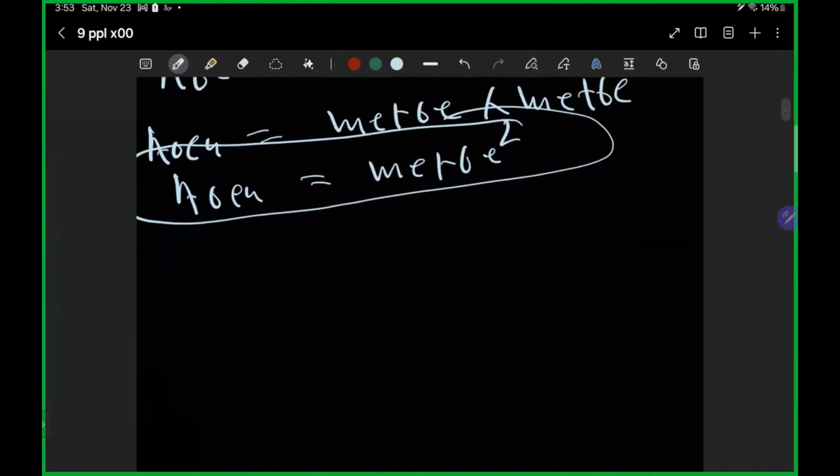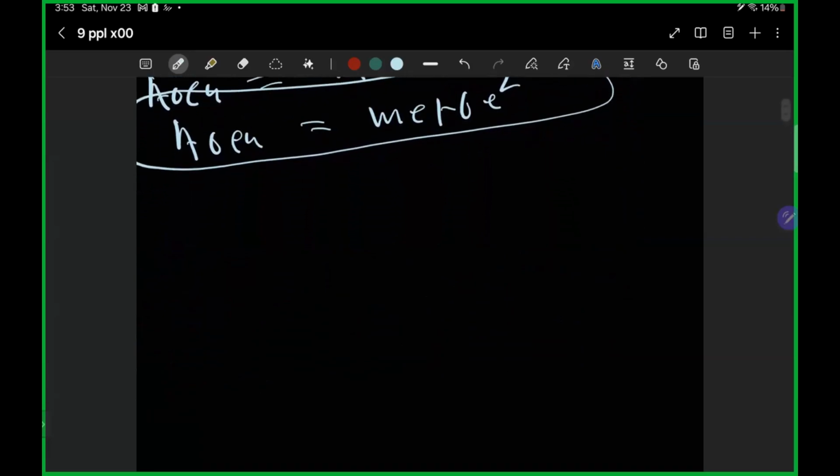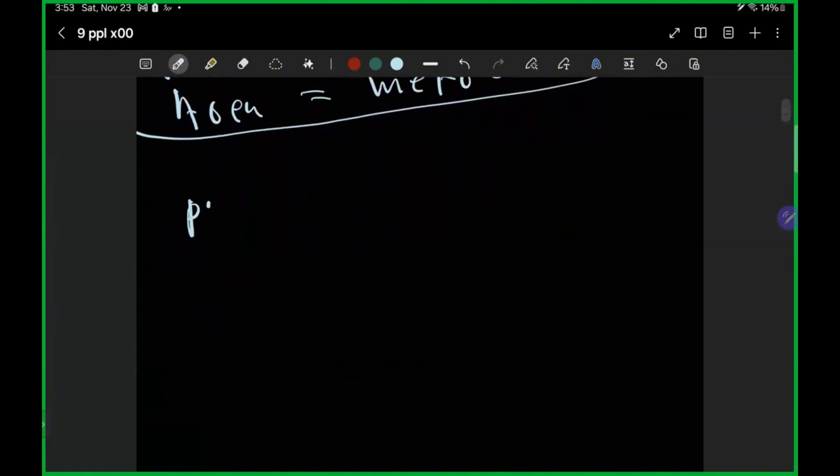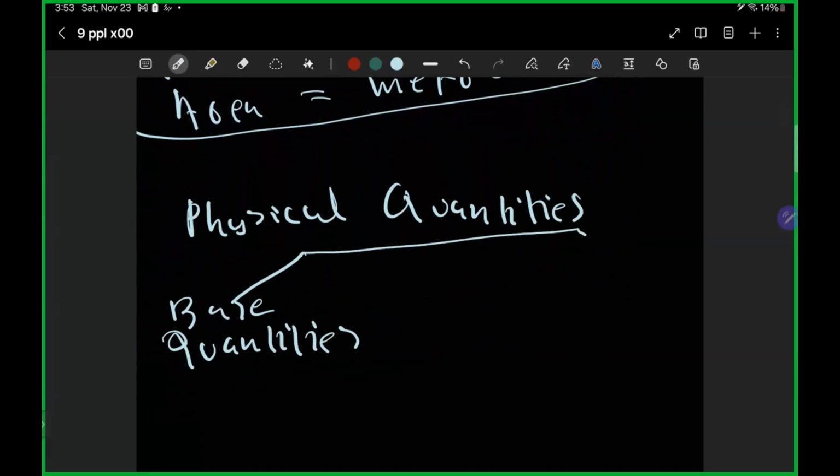Therefore, when we are studying the international system of measurement, we must be familiar with the types of physical quantities. Basically, we have two main types of physical quantities. One is base quantities, or we can say fundamental quantities, and the second is named derived quantities.